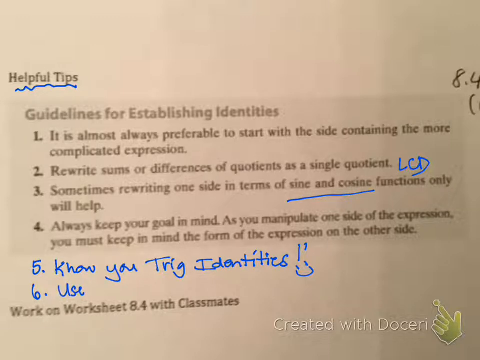use legitimate math, okay? So don't make up some math. Like, for instance, you can't do something like this. Okay, so if I have sine theta over sine theta minus 1, I can't cancel these two out. The reason why I can't do that is because you have a monomial over a binomial. That's not legal.